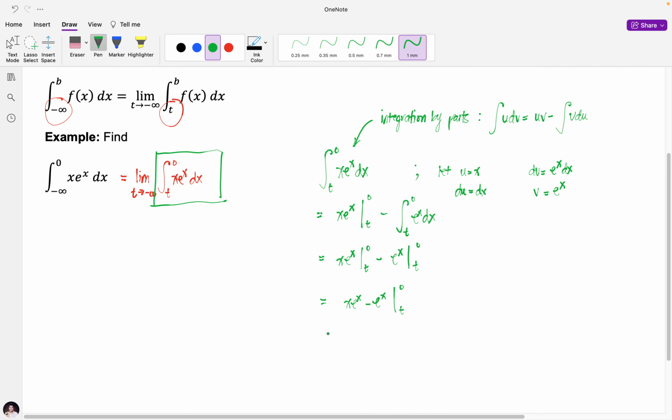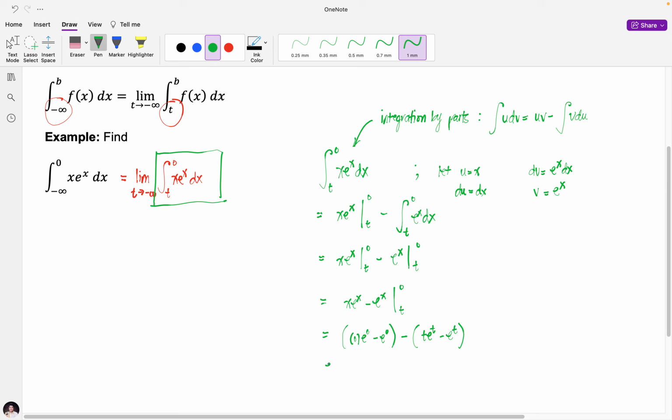Okay? And substituting, first we have 0 times e raised to 0 minus e raised to 0, minus t times e raised to t minus e raised to t. Okay, so this is 0 and this is 1.